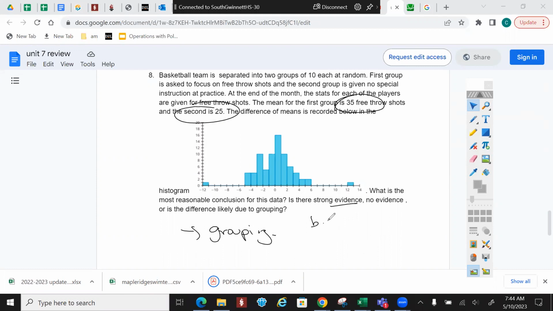Because they focused on one thing, they got better at that thing. It's kind of like when you go to practice and your coach is like, okay, we're going to work on this today. And then in the game, hopefully you got better at that.